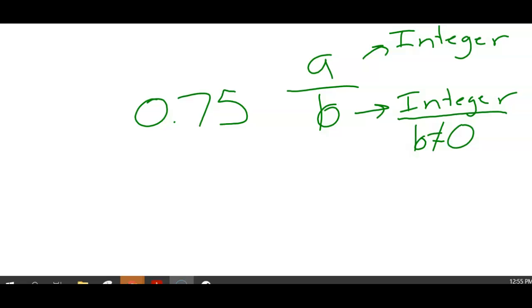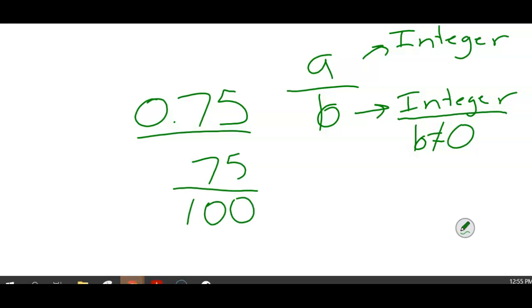It is because if you convert it into a fraction, it's 75 over 100. Perfect. Change all decimals, convert them into fractions. This is read 75 hundredths. So, is 75 an integer? Is 100 an integer? It's not 0. This is a rational number.